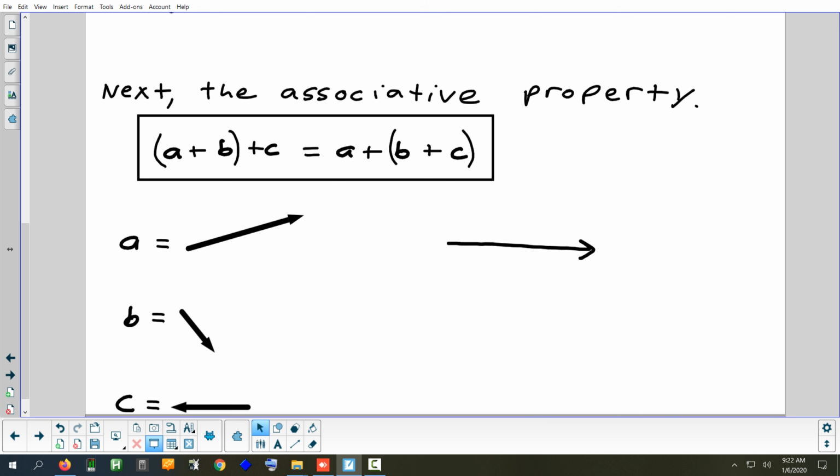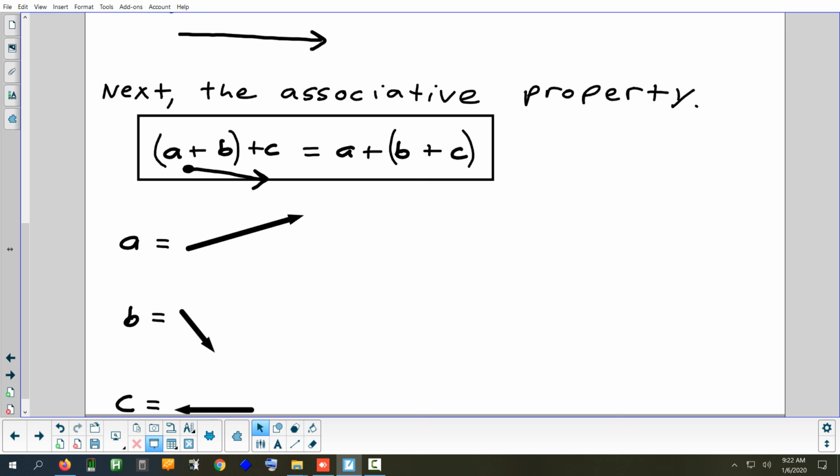So that's A plus B. Now, the next part says to add C onto the end of that. It's almost right on top of it, but I'll connect where I started to where I stopped. That's A plus B, and then adding C on the end of it. Any questions on how I got what's on the left? Because I did a couple of additions, I had to draw by hand a couple of times. It's probably not going to come out as good this time as it did last time, but we'll see.